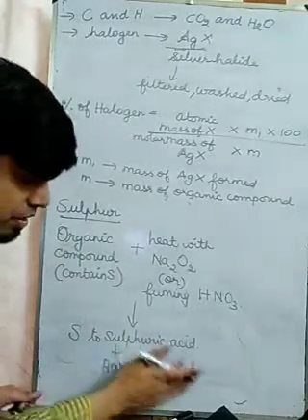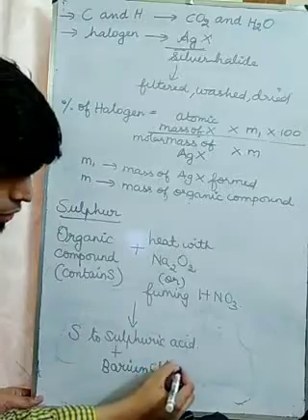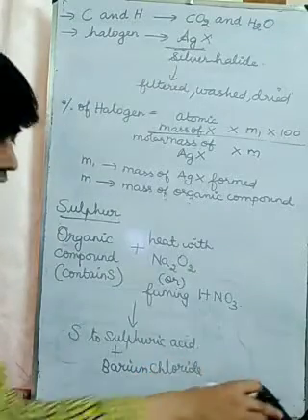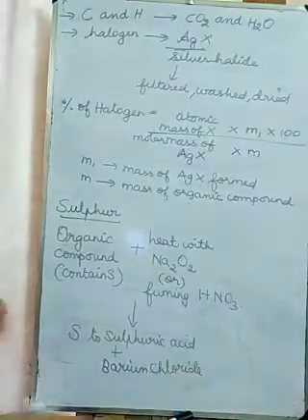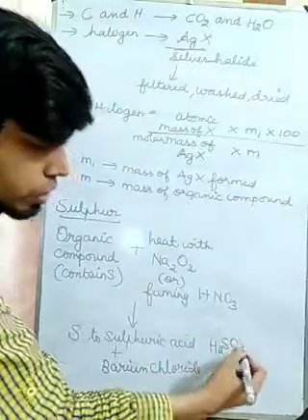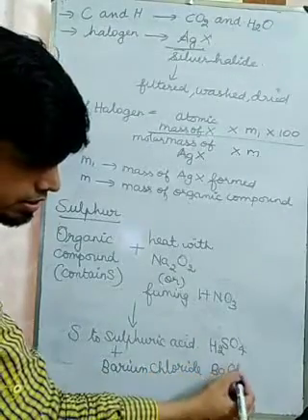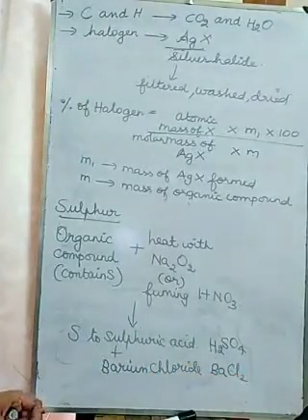Sorry, not barium sulfate, barium chloride. So what is the formula for sulfuric acid? H2SO4. What is the formula for barium chloride? BaCl2.